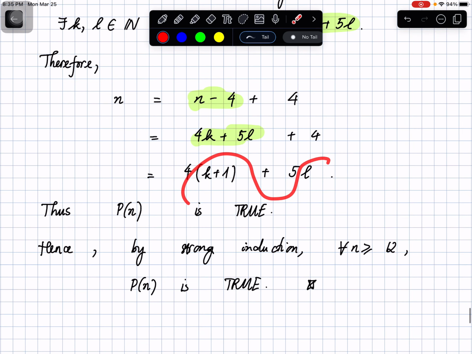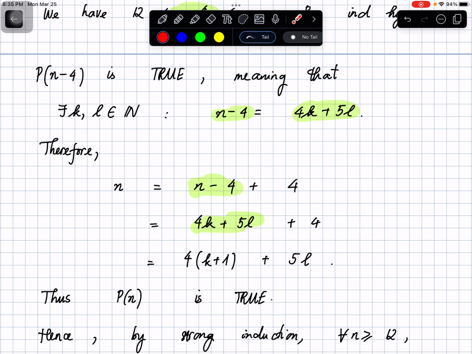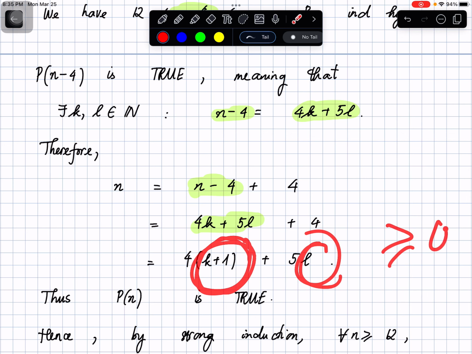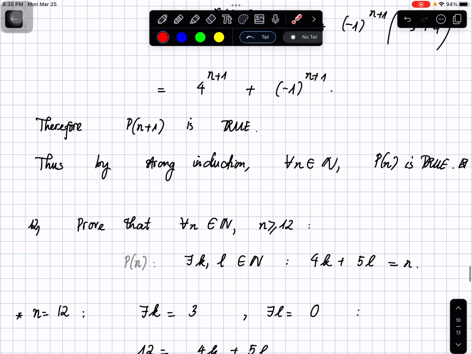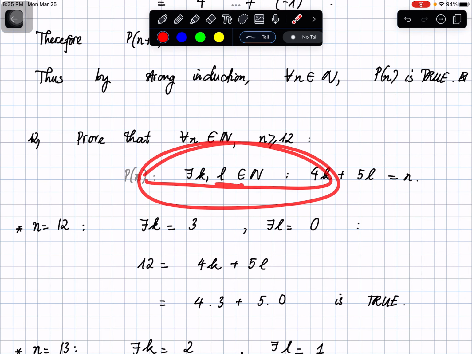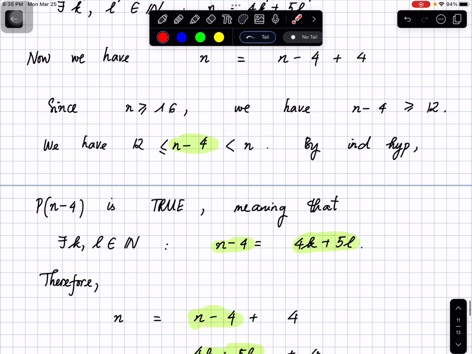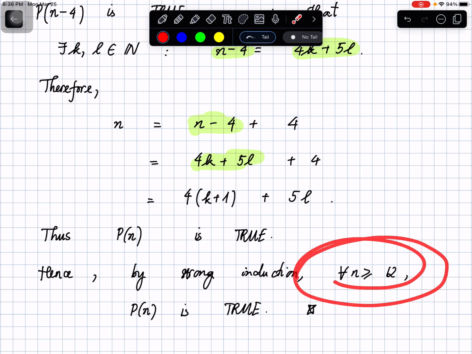There might be other ways to do it, but be very careful here that k prime and l prime must be at least 0, because the statement says there exist natural numbers k and l. Okay, so therefore we have just shown that P(n) is true, and then by strong induction we prove that for any natural number n at least 12, P(n) is true, and we are done.